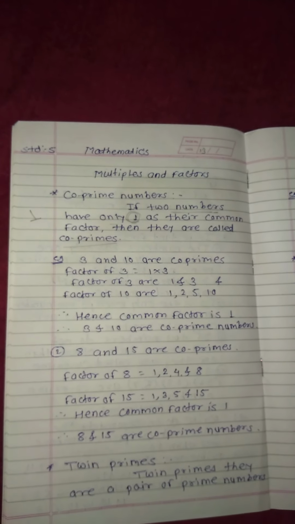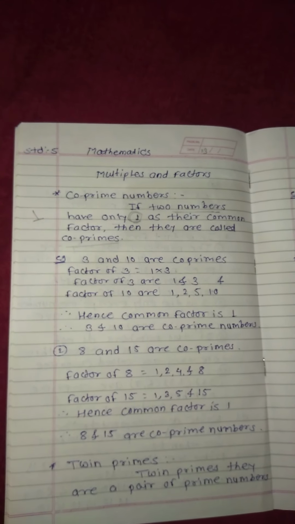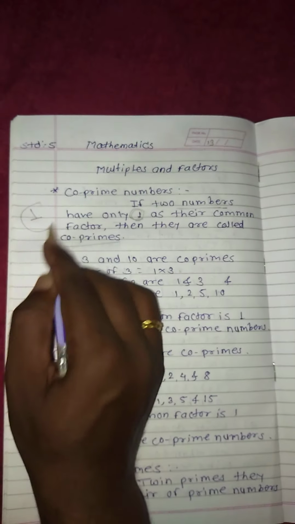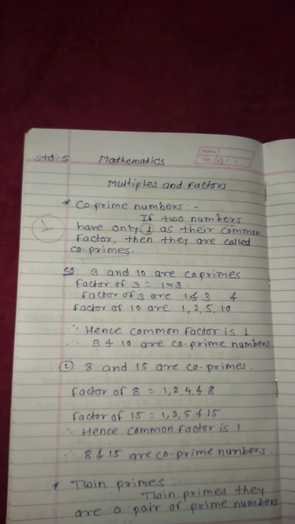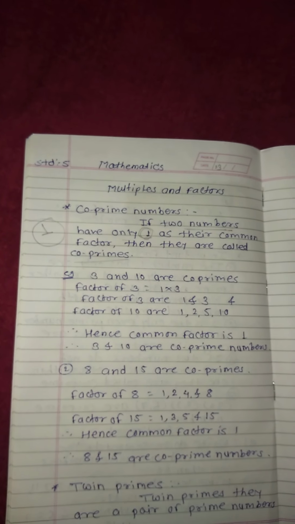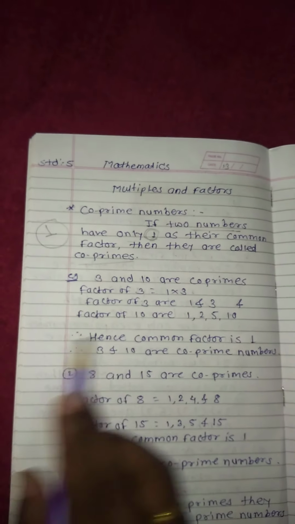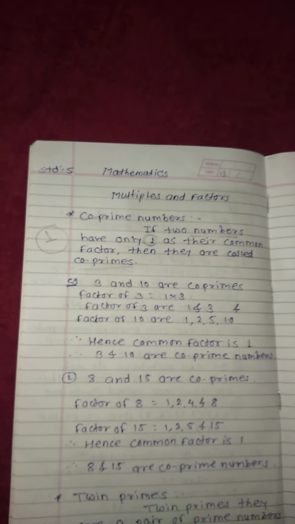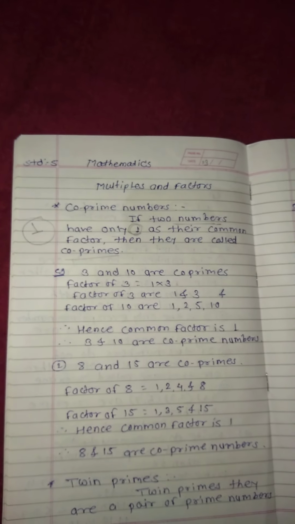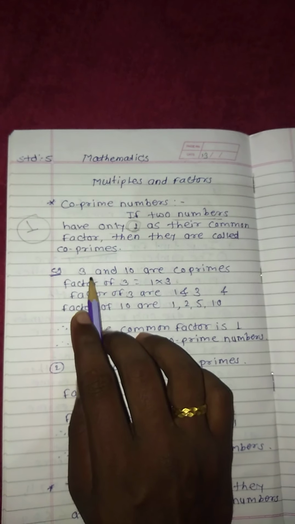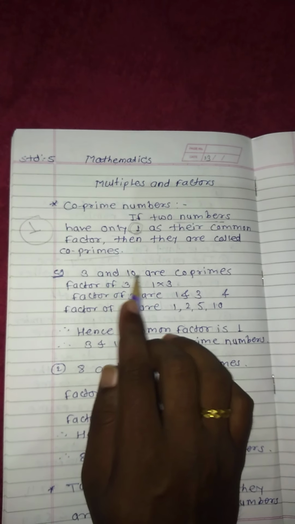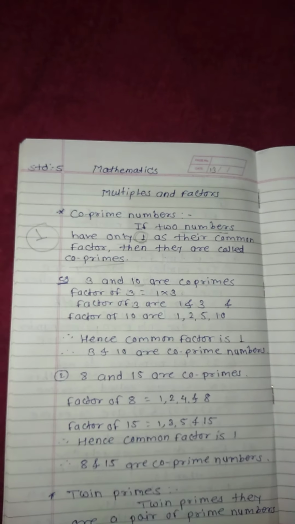If you write the factors of the numbers and observe that the digit 1 is the only common one in both, then you can say that the two numbers are co-prime numbers. Observe the first example: 3 and 10 are co-prime numbers.